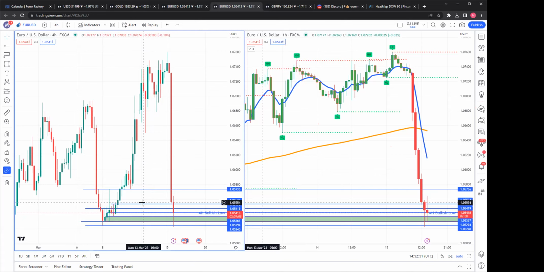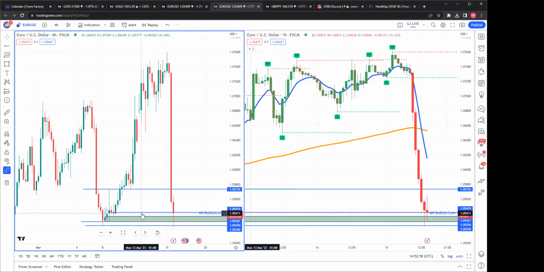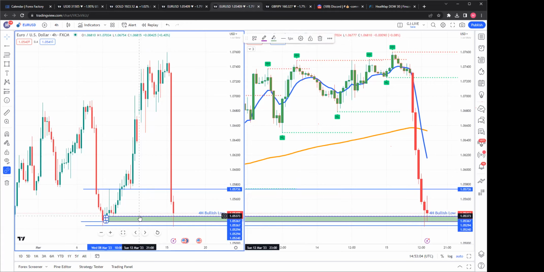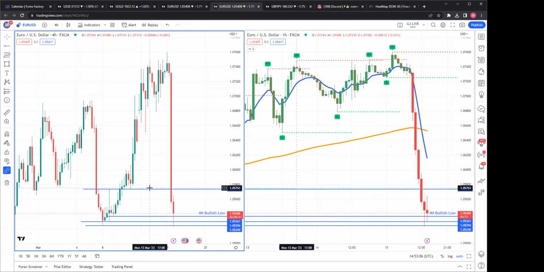Definitely be careful while drawing order blocks in an area of consolidation, because you'll just be seeing a lot of things. That's why I use the strategies that we go over to get an optimal entry. So during consolidation, when drawing order blocks, be careful about that.